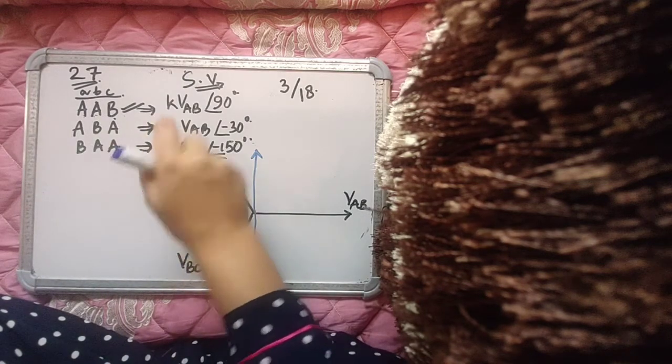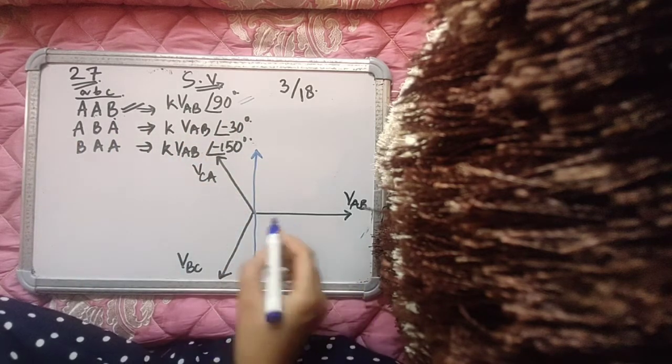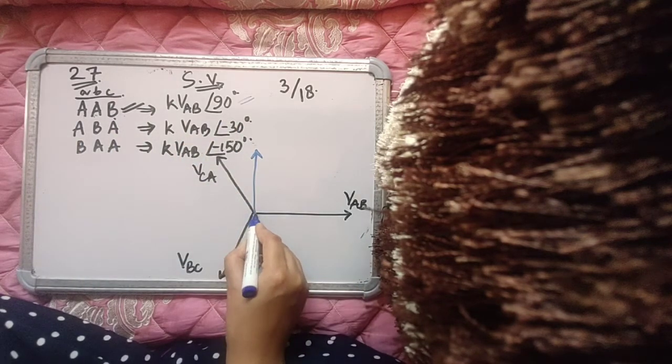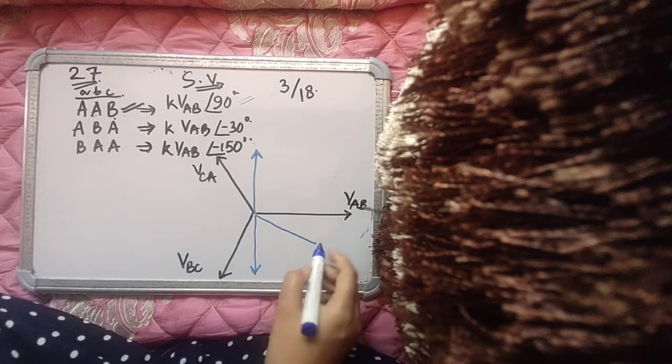Now the second state, if I draw the space vector for the second state, it is VAB at an angle of minus 30. So VAB at an angle of minus 30 is something like this.